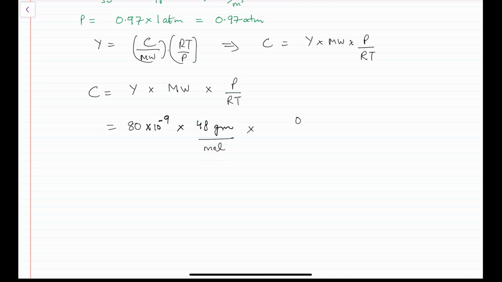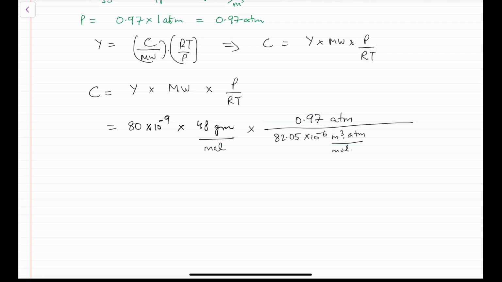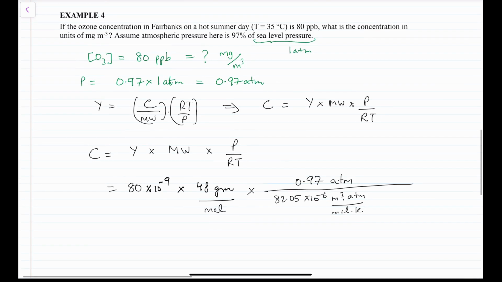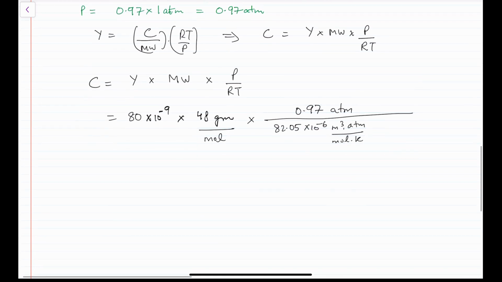P we just said is 0.97 atmospheres, divided by R. If we plug in the value of R, 82.05 into 10 power minus 6 meter cube atmospheres per mole Kelvin, and the temperature is 273 plus 35, which would be 308 Kelvin.